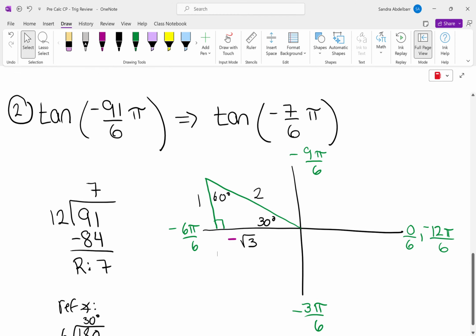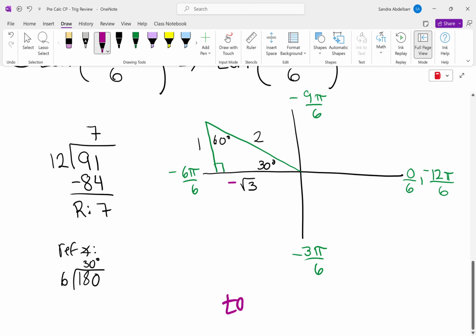And we're going to SOHCAHTOA this. Tangent is TOA. So now I'm going to take the tangent of negative 91 over 6 pi, and that's going to be the opposite, which is 1, over the adjacent, which is negative root 3.